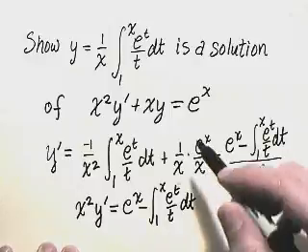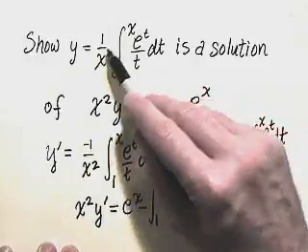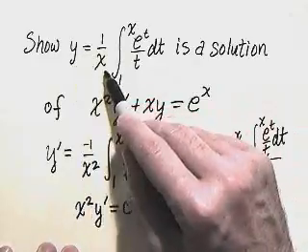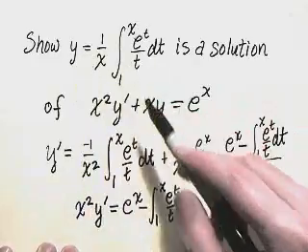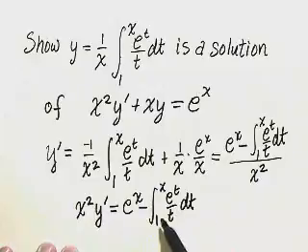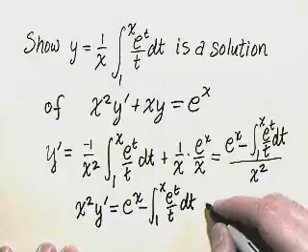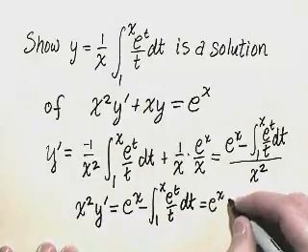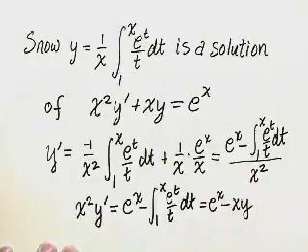Let's look back at our original definition of y. It's 1 over x times the definite integral, so in particular the definite integral itself is just xy. So this is e to the x minus xy. So x squared y prime equals e to the x minus xy.